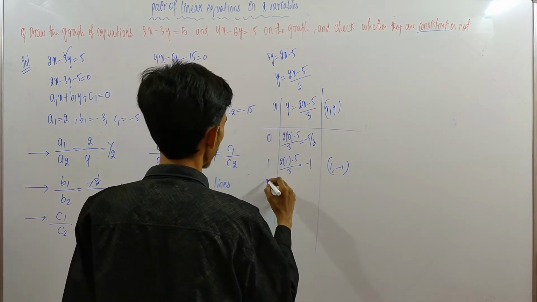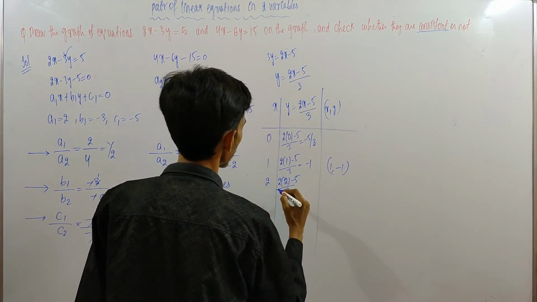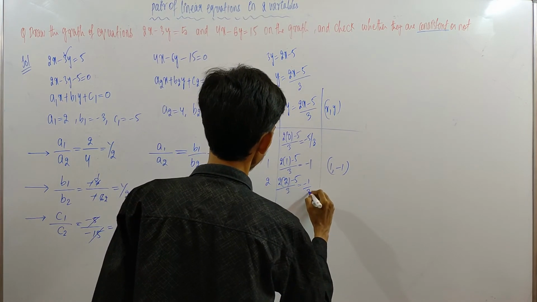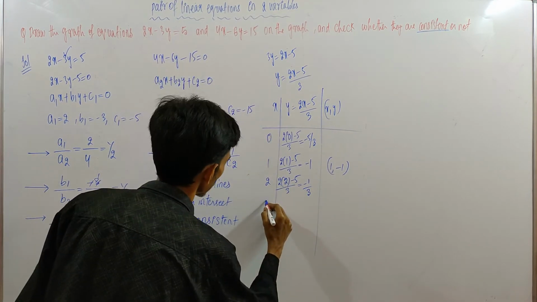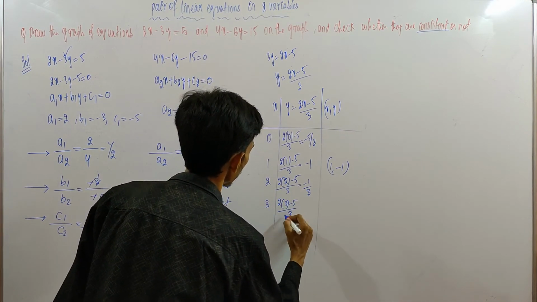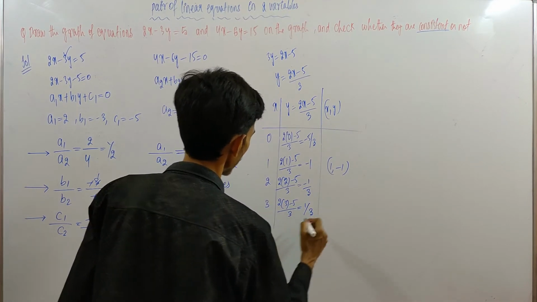Now let us take x value 2. 2 into 2 minus 5 divided by 3. 2 fours are 4, 4 minus 5 we have minus 1 by 3. Take 3. 2 into 3 minus 5 divided by 3. 2 threes are 6, 6 minus 5 we have 1 by 3.